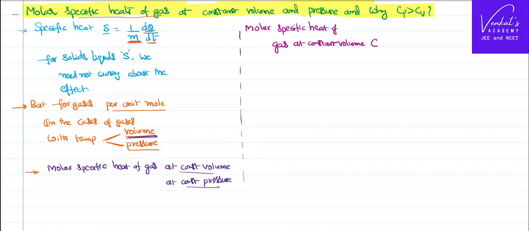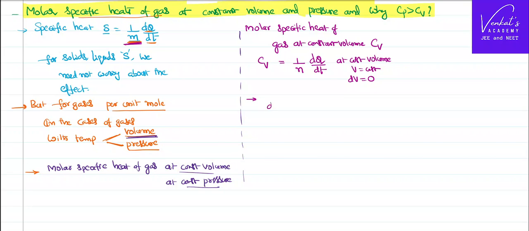As it is kept at constant volume, it is called Cv. So Cv is defined as the amount of heat required to raise the temperature of unit mole of, be careful, earlier I said unit mass, but now I am saying unit mole of gas by 1 degree centigrade at constant volume. As volume is kept constant, change in volume equals 0.